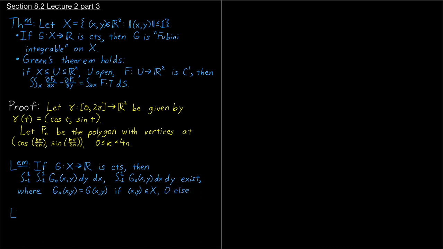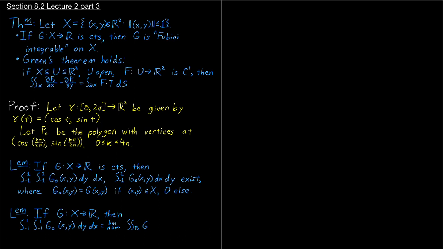Second lemma is that if G is a continuous function on X, then our two iterated integrals, which we know exist by the previous lemma, and we know we can integrate G over the polygon Pn.